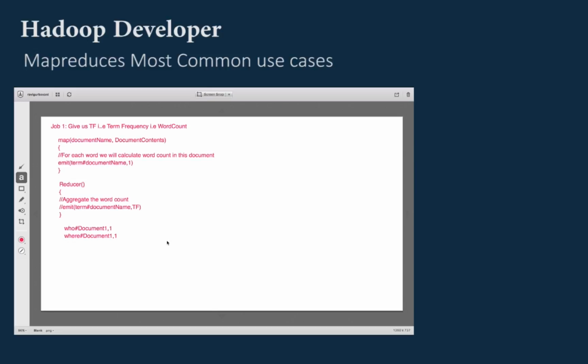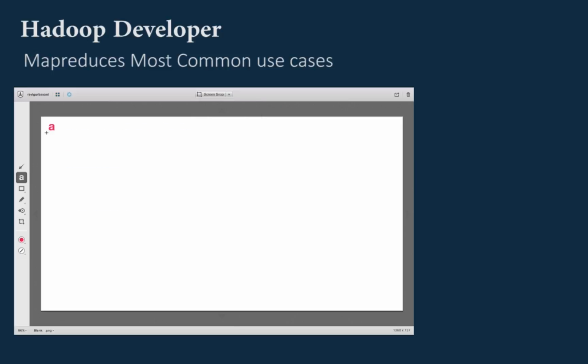The next job, we will focus on calculating the number of documents in which the word occurs. So let's look at it. We are trying to calculate small n.